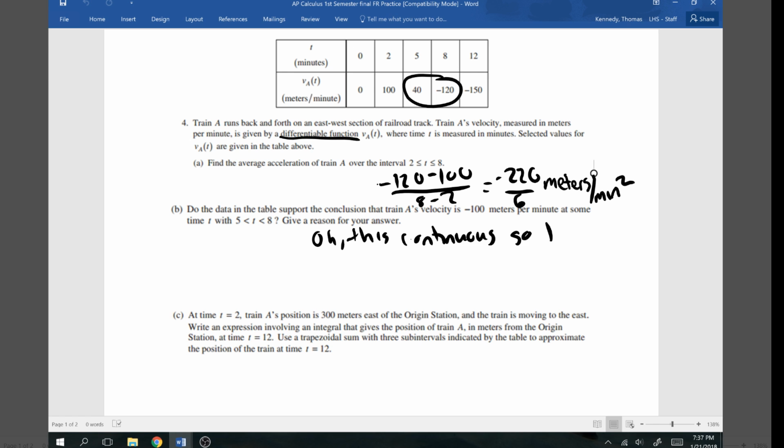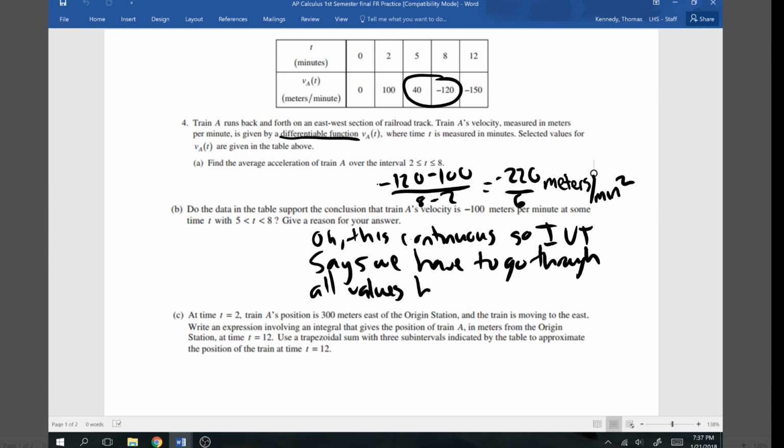So IVT says we have to go through all values between 40 and negative 120. So negative 100 has to happen. That's it. The intermediate value theorem is super handy. It says you have to go through all the values in between.